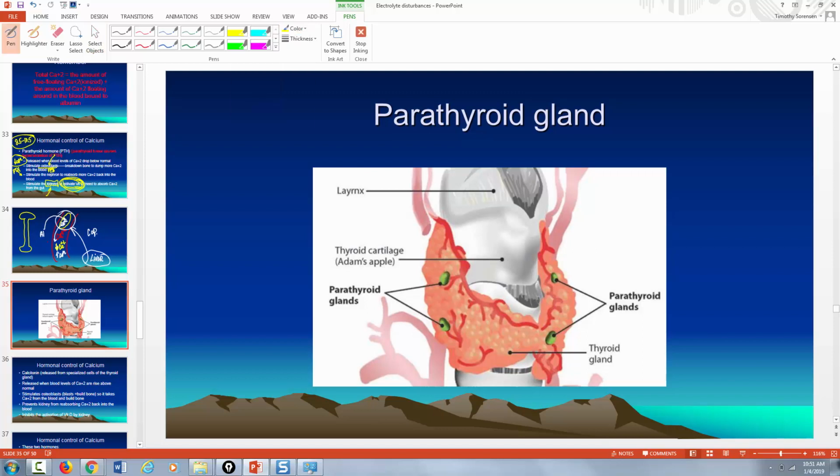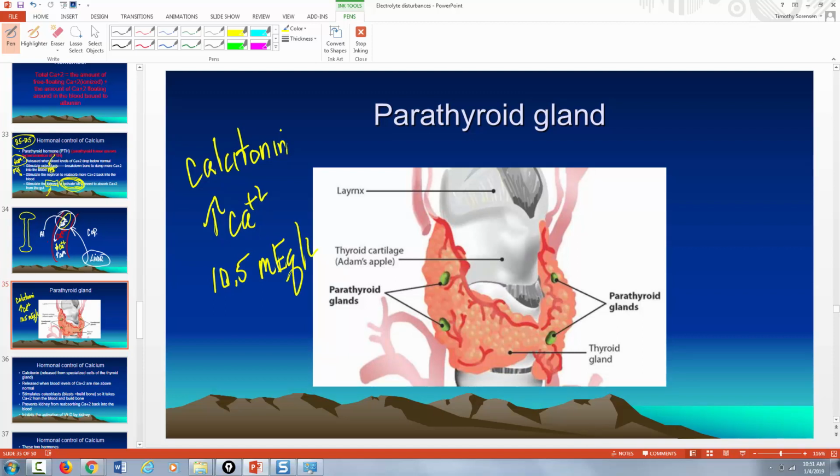Now, calcitonin is released in response to an elevated calcium level in the blood. So if your blood levels go above 10.5 milliequivalents per liter, then calcitonin is going to be released.